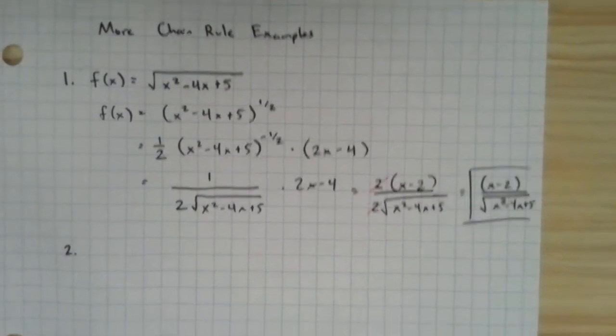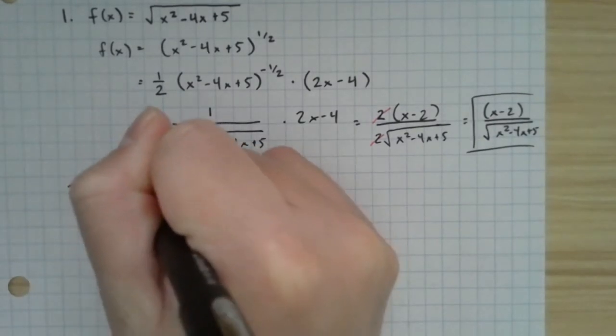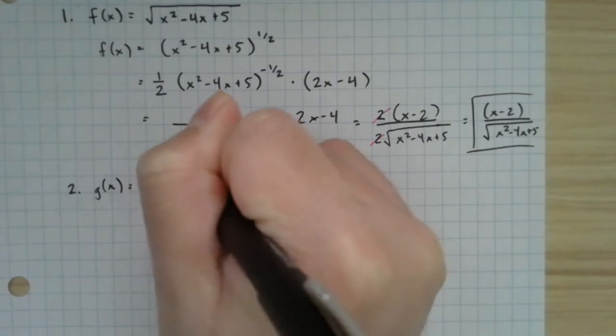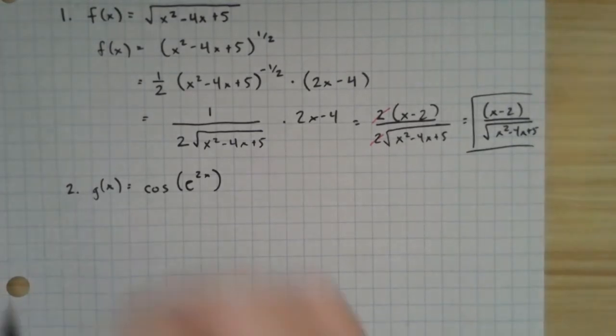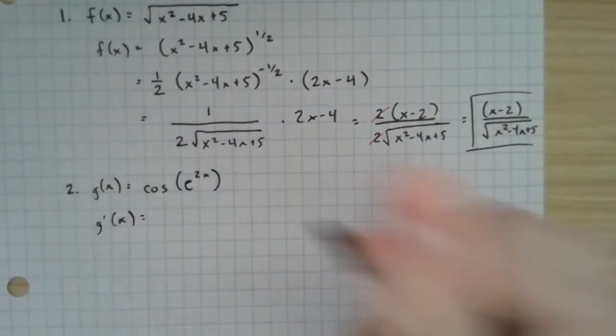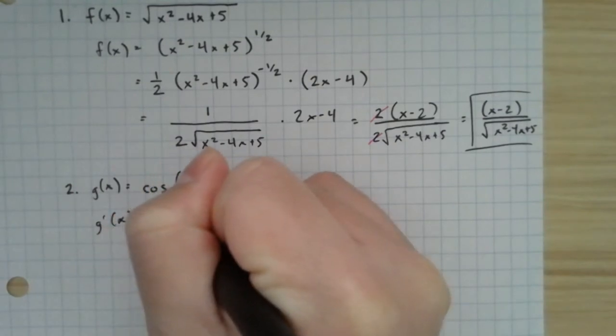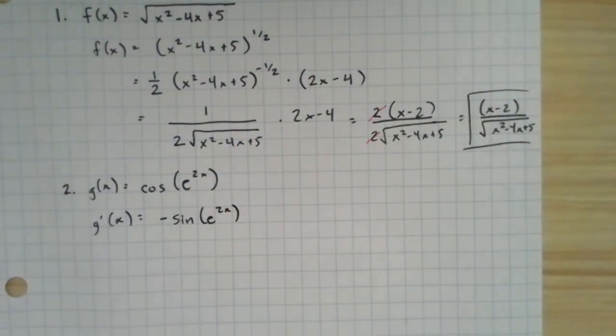Number 2, got e to the 2x inside the cosine function. So let's see here. The derivative would be, right, the derivative of cosine, so g prime of x will be the derivative of cosine, which is negative sine of e to the 2x times the derivative of the inside.